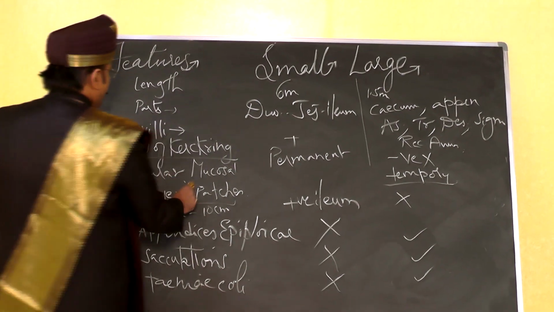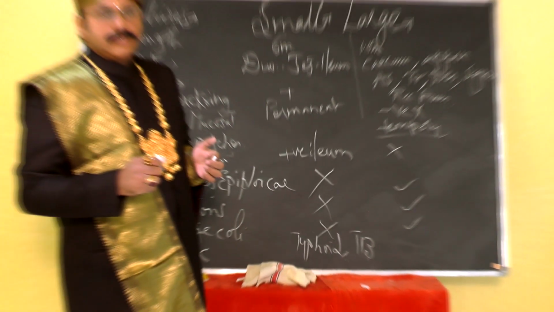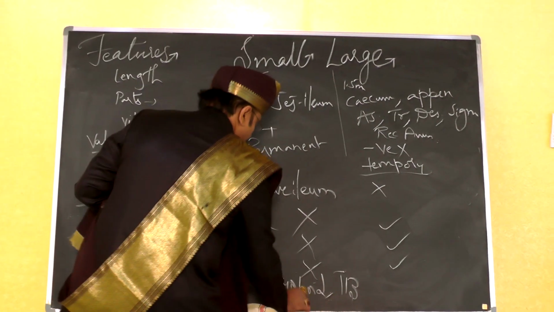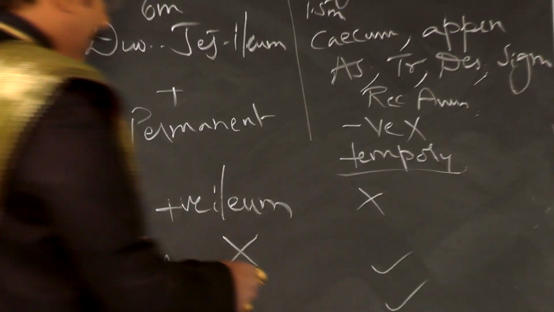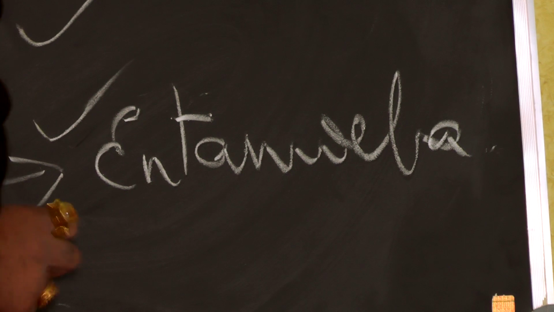And infections are very frequently seen in the small intestine. The infections here are typhoid, typhoid ulcers, and tuberculosis, very frequently affecting the small intestine. Typhoid causes diarrhea. And in the large intestine you have Entamoeba histolytica infections, the amoebiasis, which is common in the large intestine.